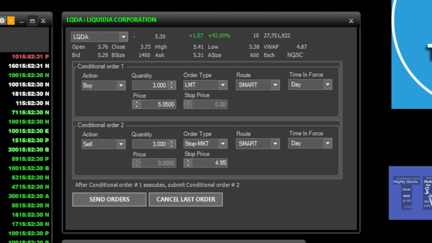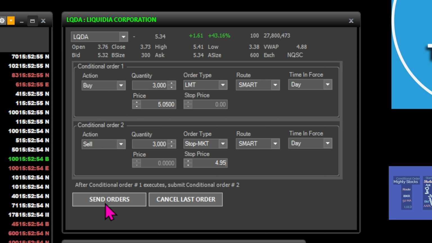So I'm going to give those 3,000 shares 10 cents of space. Because again, if I saw it holding support at 505, maybe the 502 to 505 range, if it gets below 495, it's not holding support anymore. Cut my loss. So let's say that's the case.